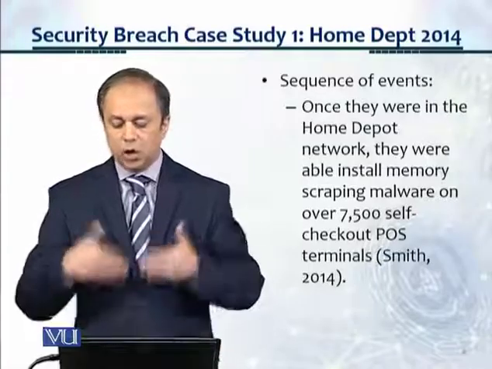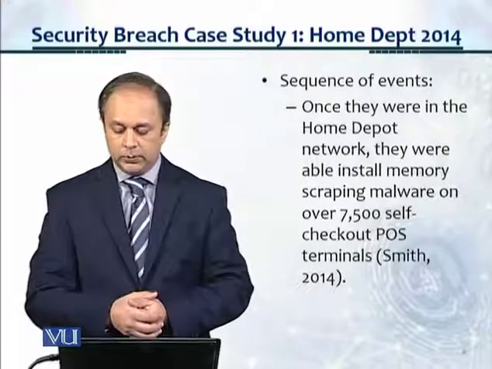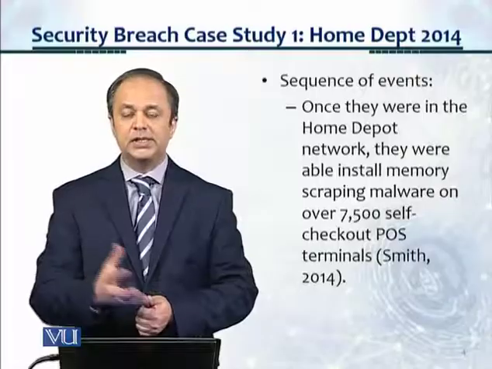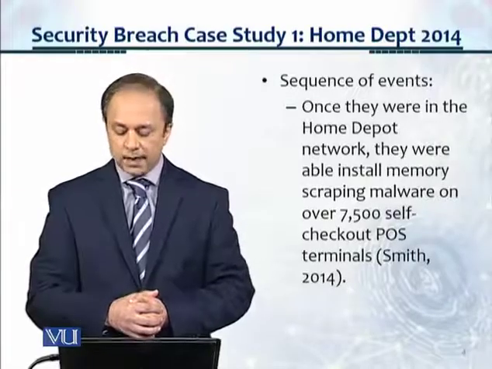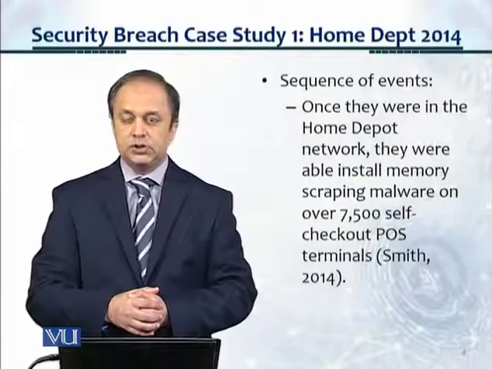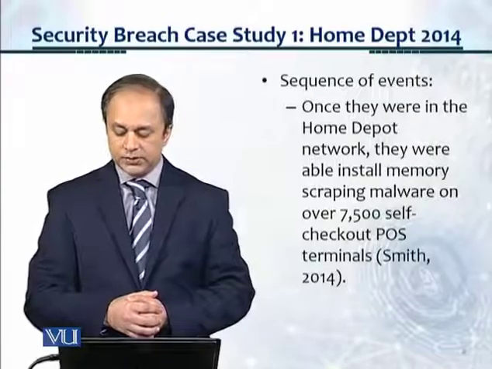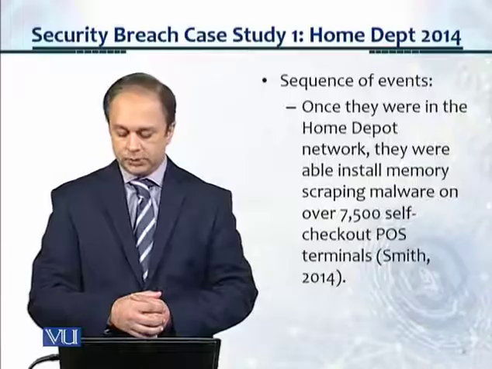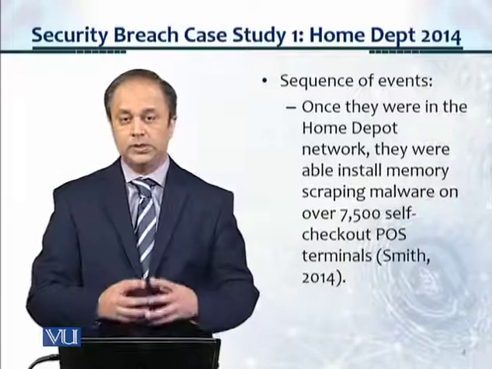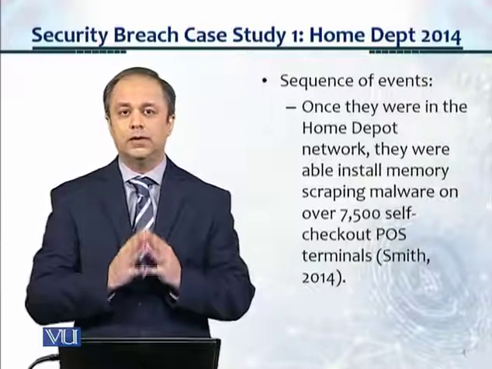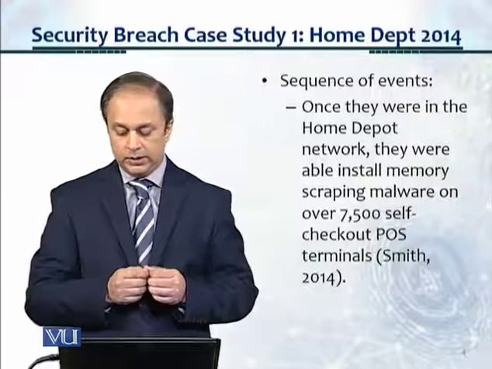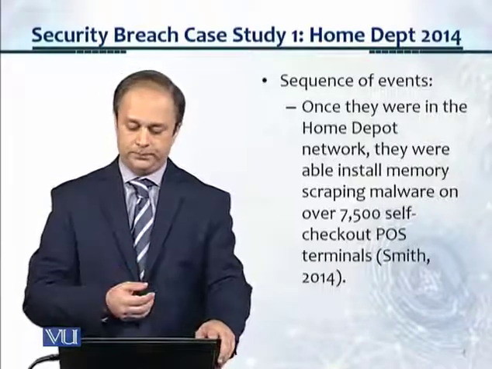Once they were in the Home Depot network, they were able to install memory scraping or collecting malware on over 7,500 self-checkout point-of-sale terminals. And this is from Smith 2014. Okay, so they spread this malware out onto 7,500 point-of-sale terminals or computers.